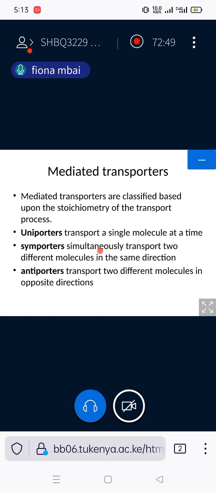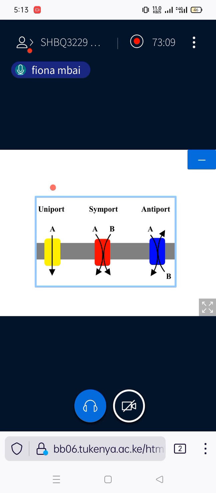Symporters will simultaneously transport two different molecules at the same time. Then antiporters transport molecules in opposite direction, from outside and from inside, different molecules, different directions.